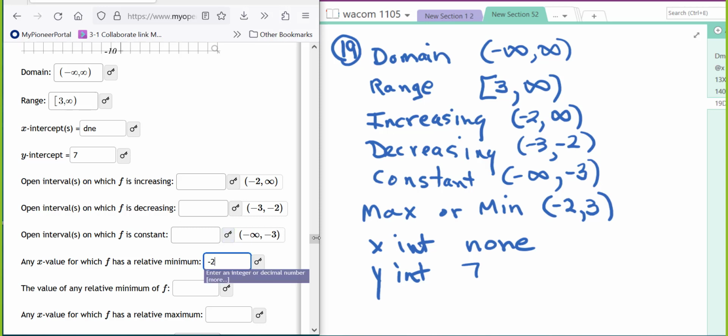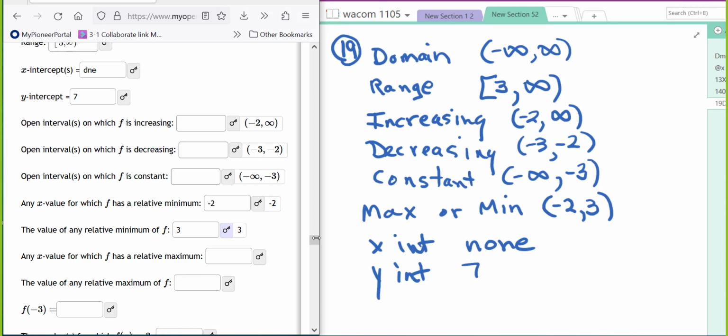This piece of it is -2. All right, and what the value is will be 3. All right, and there is not a max, so no max, so there would be none here.